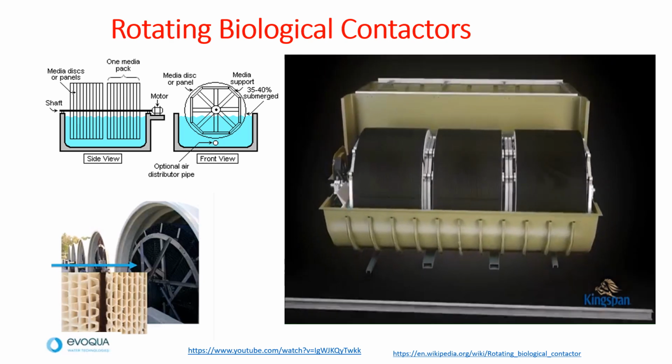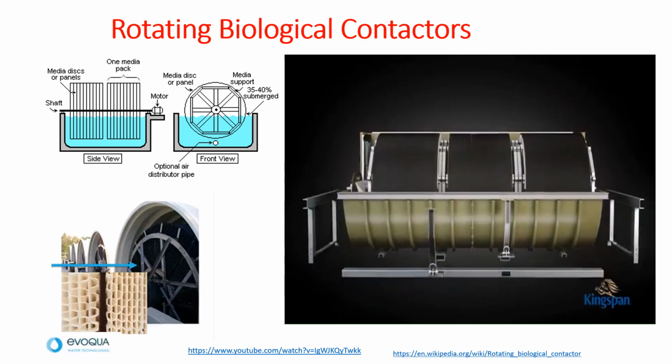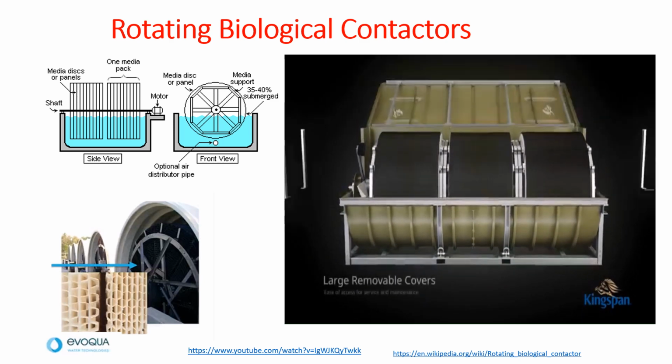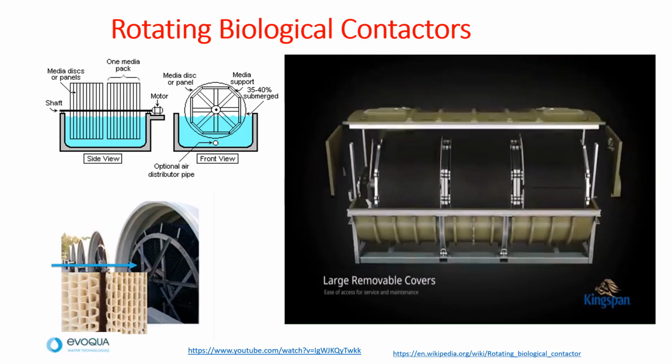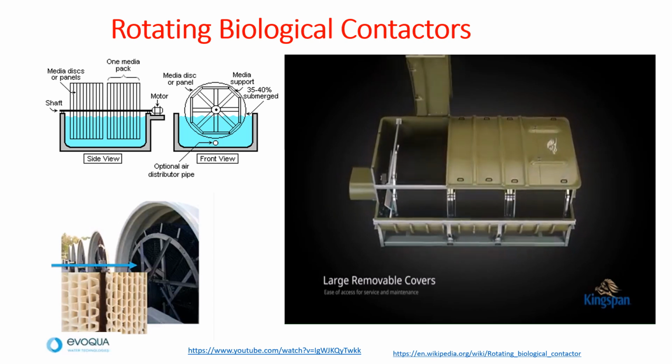So this is one media pack, and around 2 to 3 media packs are mounted on a horizontal rotating shaft. The discs, the plastic discs, are usually made of high density plastic sheets, which are of PVC, polyethylene or polystyrene make.